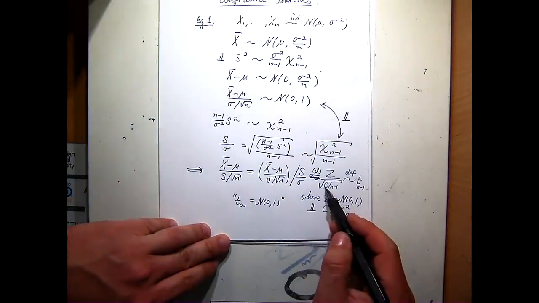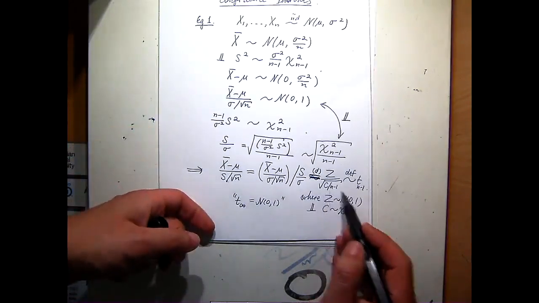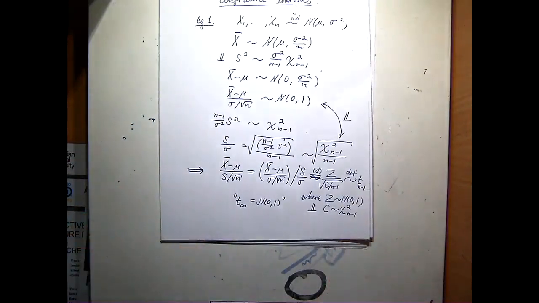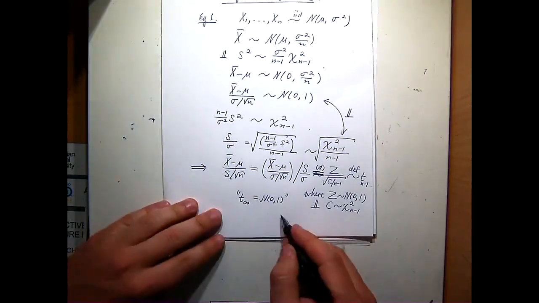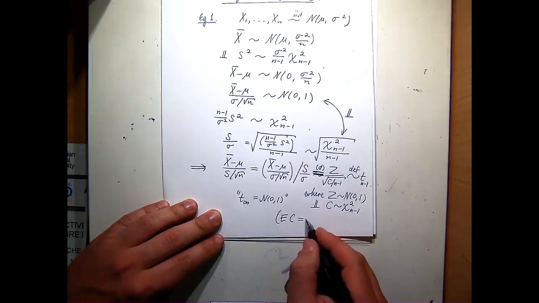Well, if you think about a chi-squared c, that's a sum of n minus 1 squared independent normals. Each squared normal has expectation 1. Remember, you take a normal 0, 1 with variance 1, so the square of it has expected value 1. So, just to remind you, the expected value of this chi-squared is n minus 1.